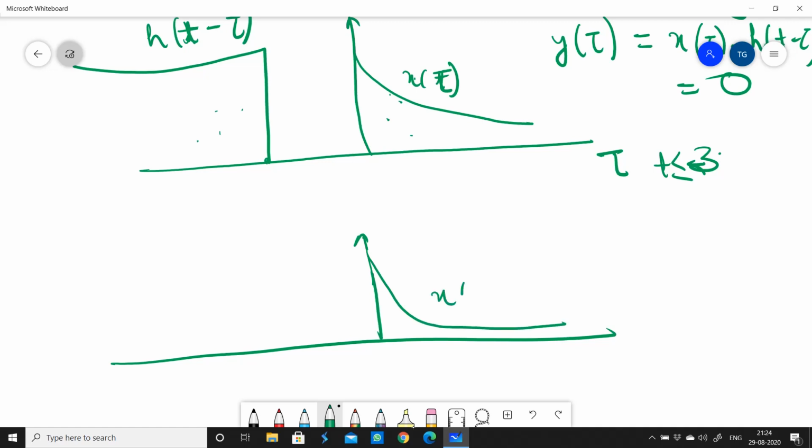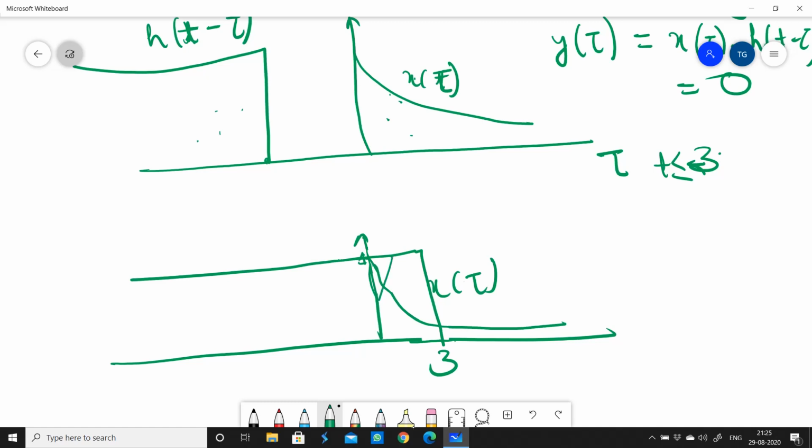This is my x of tau, and this is also 1, this is also 1, so this is x of tau, and this will be from 3 to this thing.